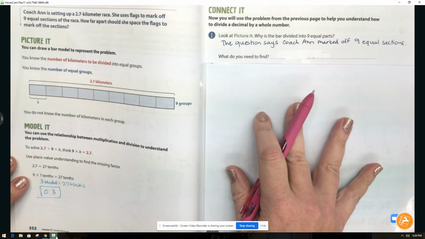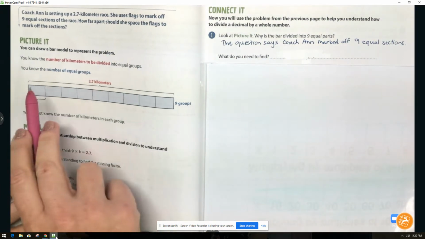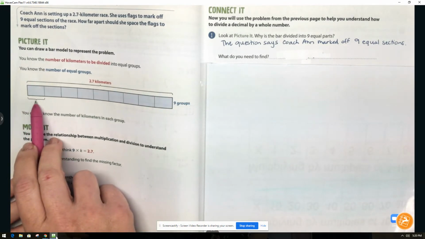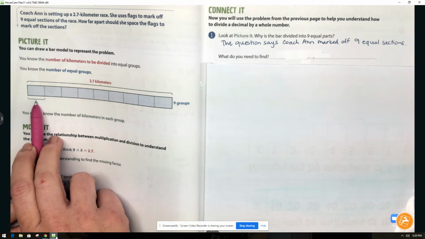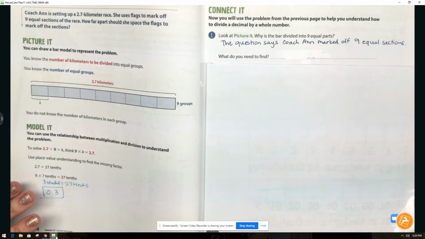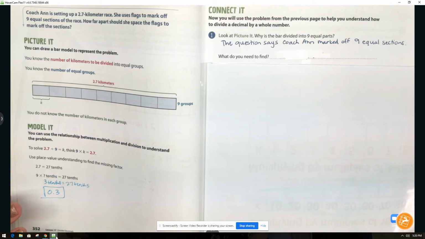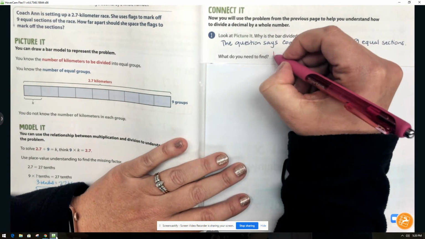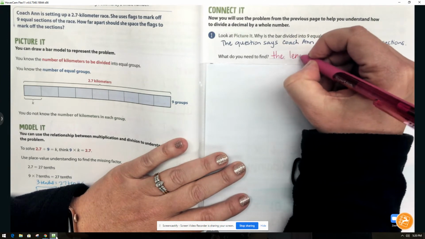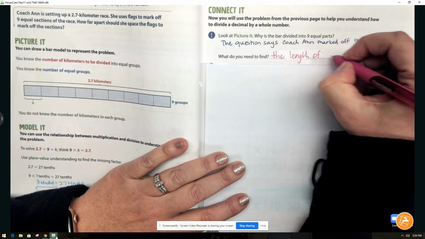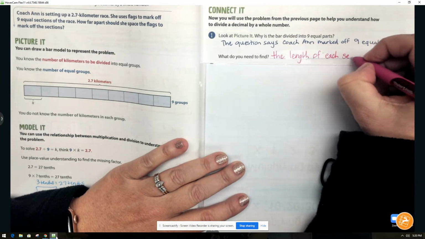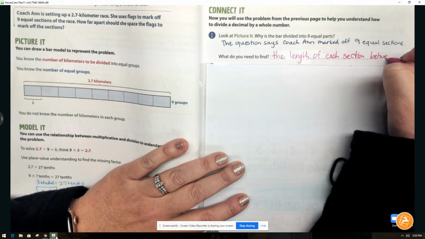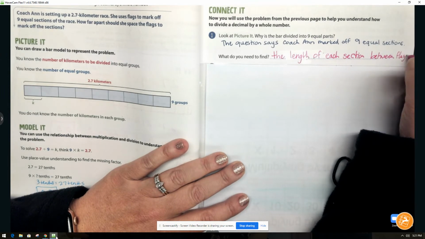Now, what is it that we need to find? We know the total distance. We know how many groups there are. What do we need to find? We need to find how long or how big is each group, or we need to find the length of each section between flags.